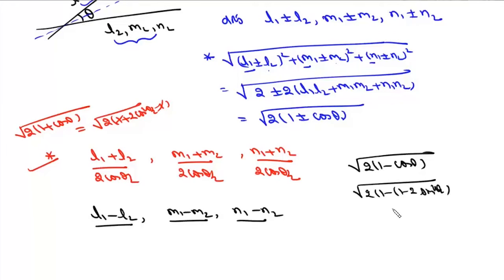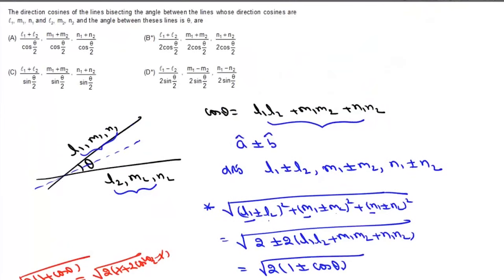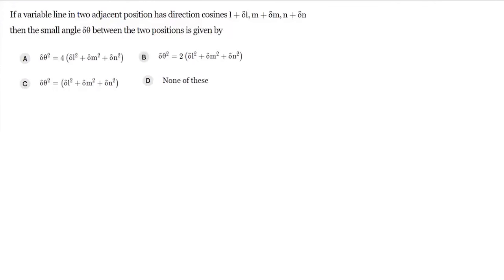So now it'll be 2sin(θ/2), 2sin(θ/2) and 2sin(θ/2), to make it a unit vector. So the answer to this question is direction cosines of angle bisectors will be (l1 + l2)/2cos(θ/2) and (l1 − l2)/2sin(θ/2). That means your options B and D.